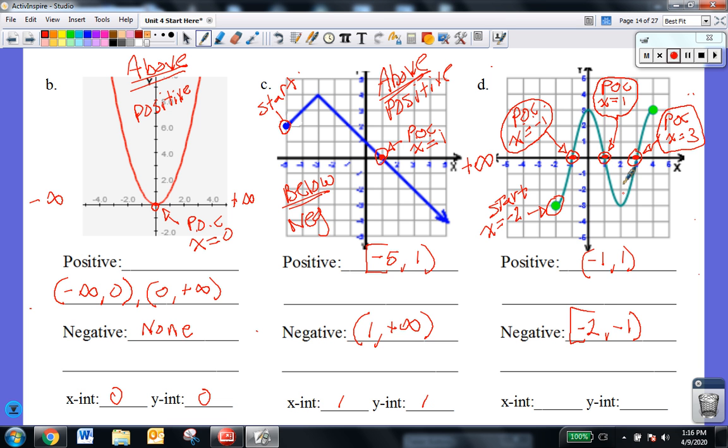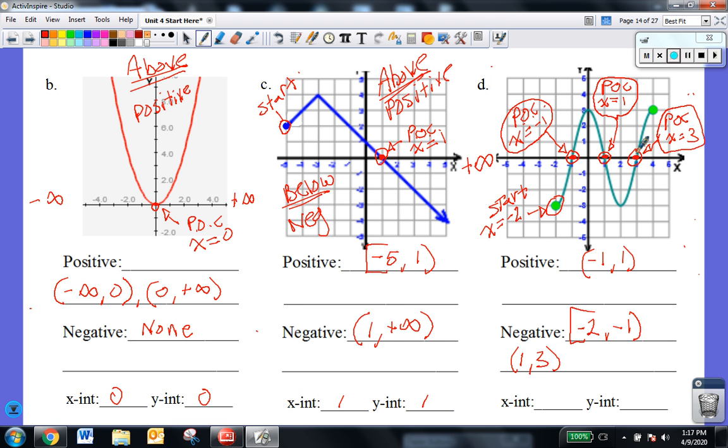Then the graph goes back down into the negative. So from 1 all the way to 3, it's negative. So we're making another interval from 1 to 3, and they'll both get round brackets because those are points of change.